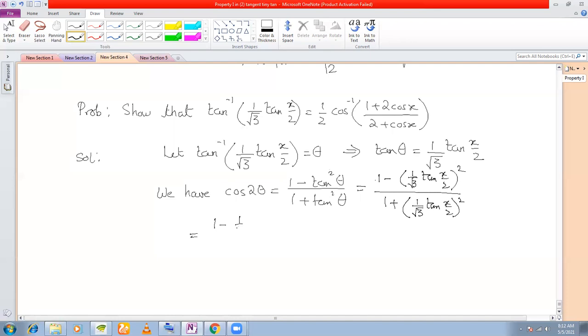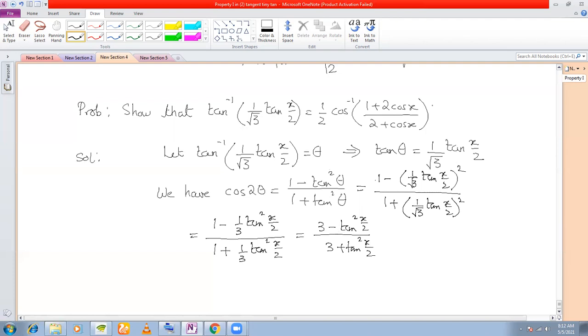So 1 minus 1/3 tan square x by 2 divided by 1 plus 1/3 tan square x by 2. Now you take the LCM in the numerator and the denominator to get 3 minus tan square x by 2 divided by 3 plus tan square x by 2. Okay.